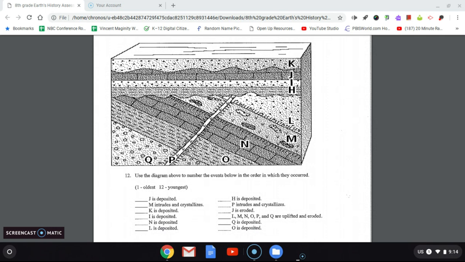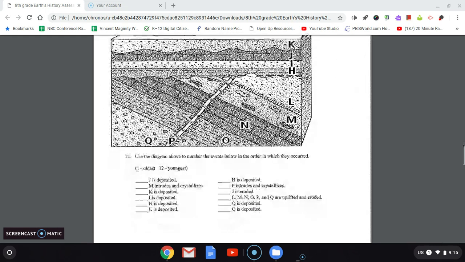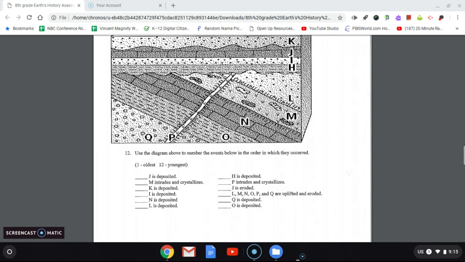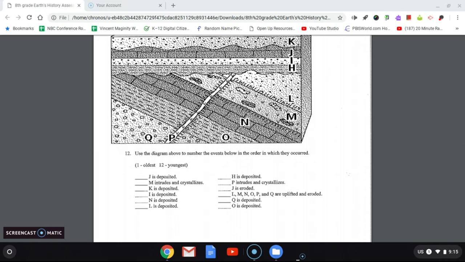Number 12, you're going to use the picture and you're going to number the events below in the order in which they occurred. 1 being the oldest and 12 being the youngest. You're going to want to hit pause here so that you can fill in those blanks. I'm going to read them to you though.